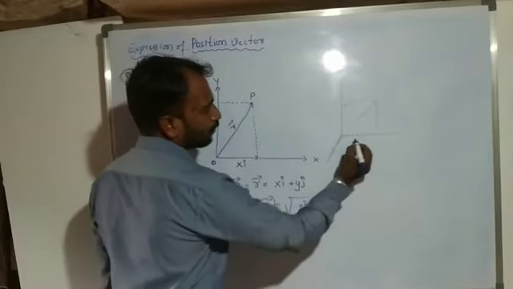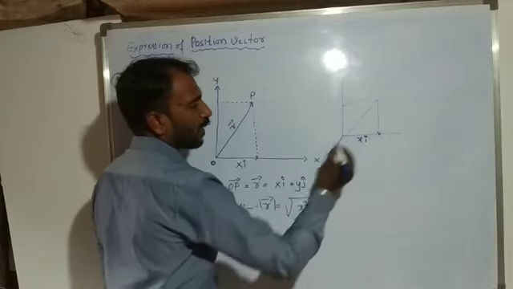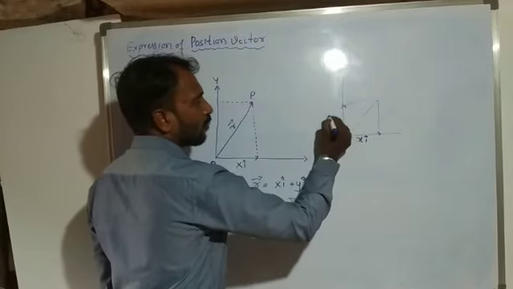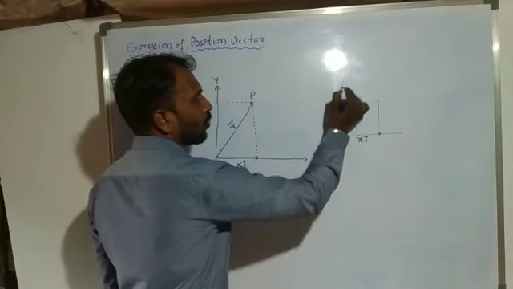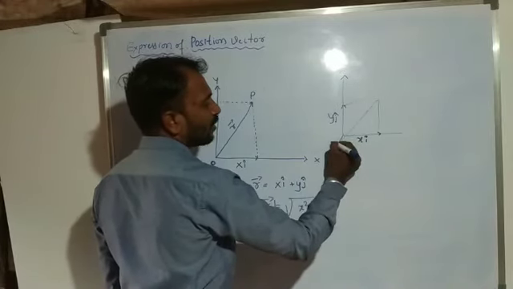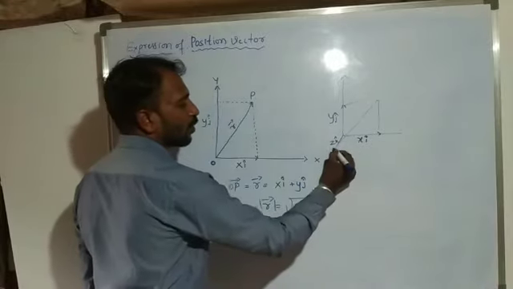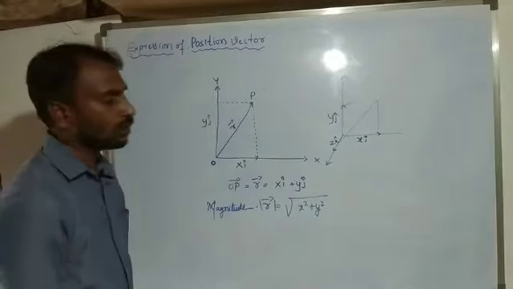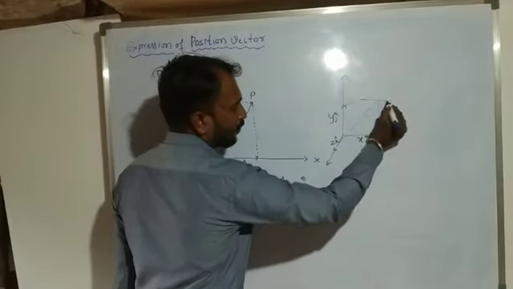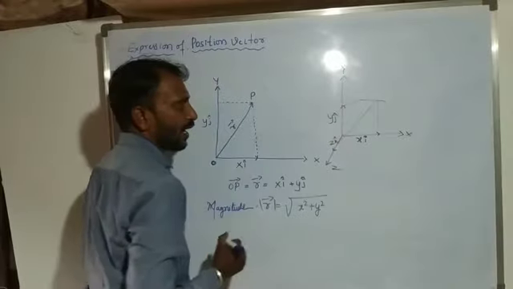So x i cap is the component along the x-axis, y j cap the component along the y-axis, and z k cap the component along the z-axis.